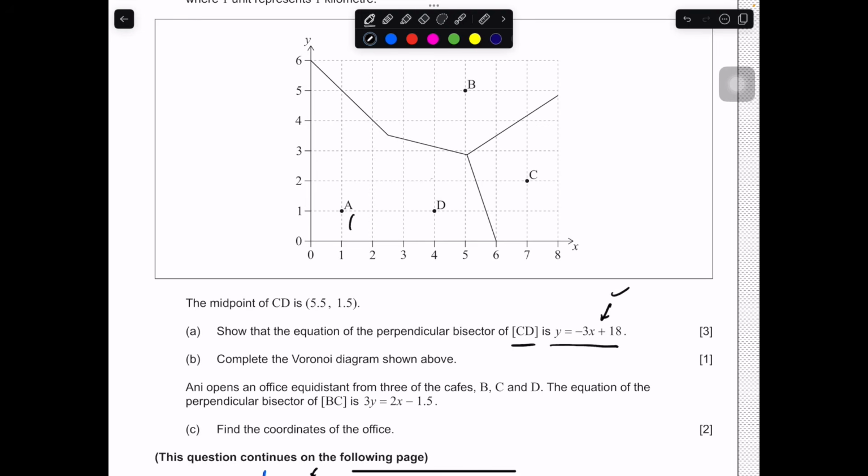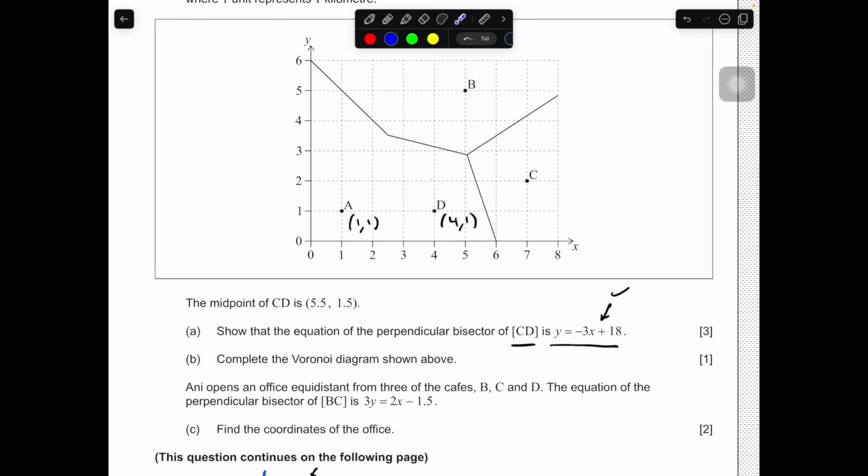The coordinate point of A is at 1, 1, and the coordinate point of D is at 4, 1. We know that the boundary line is a line which is equidistant from both points.